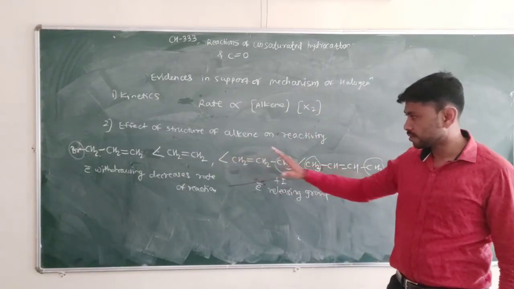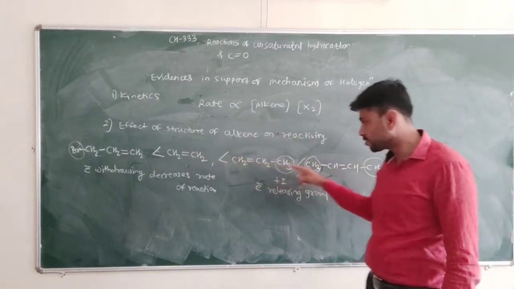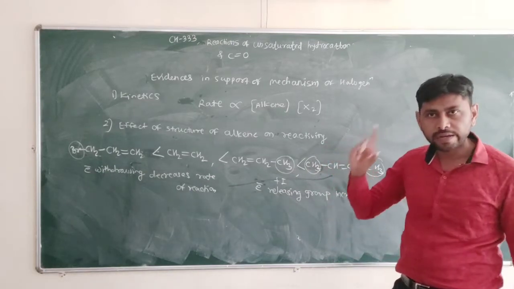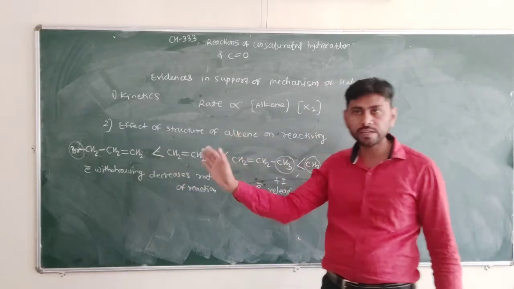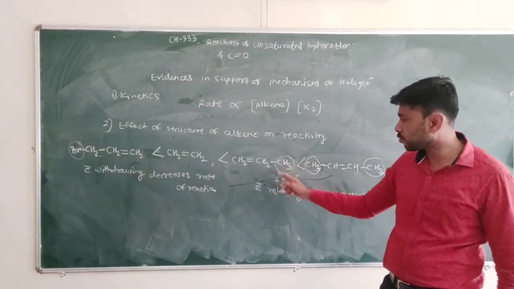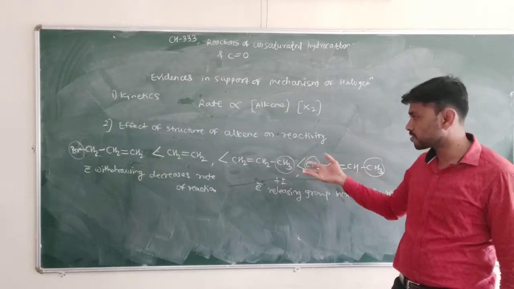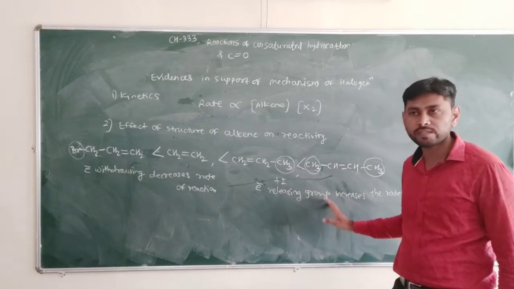Sometimes in the question paper they ask to arrange the order according to reactivity. So remember, if there is an electron withdrawing group, then reactivity decreases. If an electron donating group is there, or groups which increase the electron density, then the rate of reaction increases.